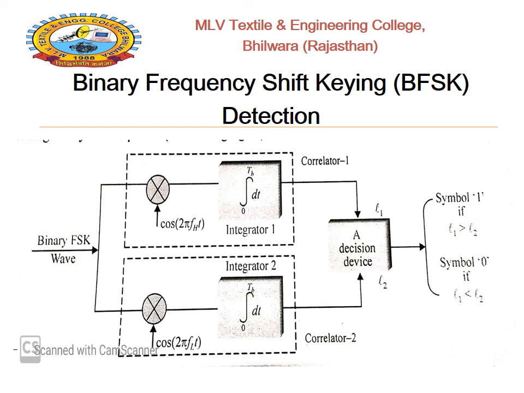In the second case, if L1 is less than L2, then L2 is more dominant, meaning FL is more dominant compared to FH of T, so it will provide symbol 0. Finally, the output of the decision device provides a sequence of 0s and 1s, which is the binary input bit sequence used in the transmitter section, the binary frequency shift keying generator.